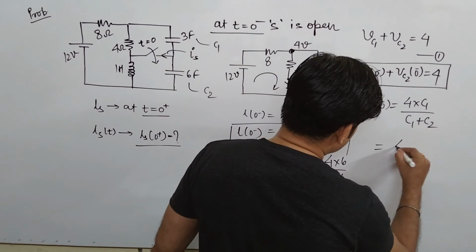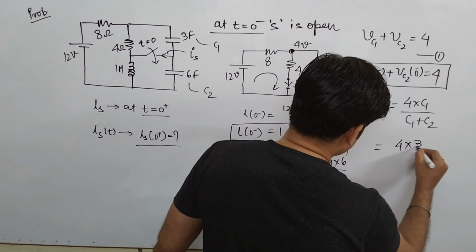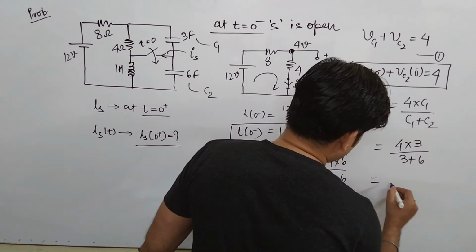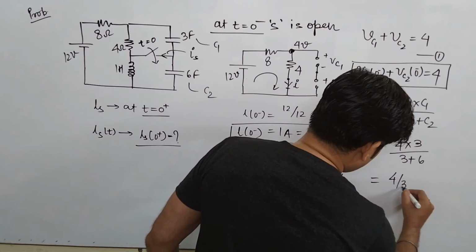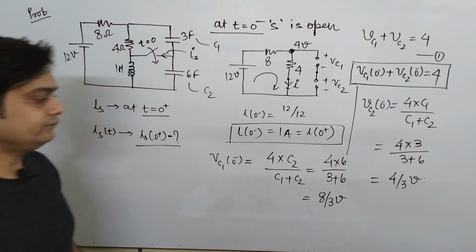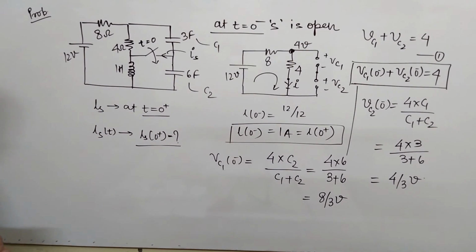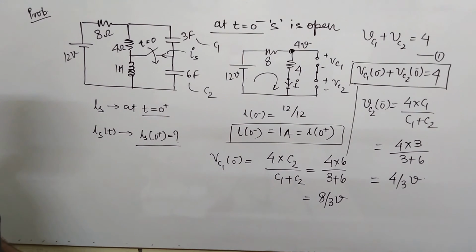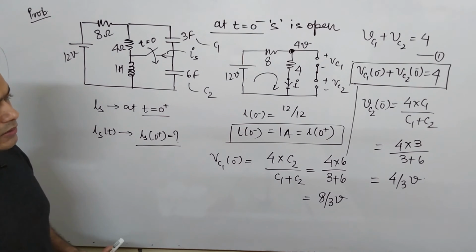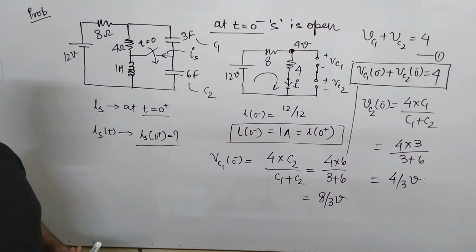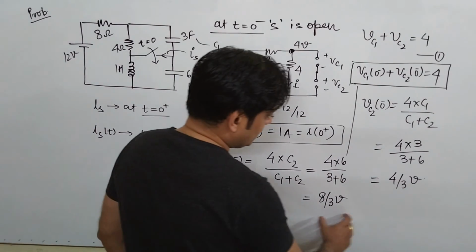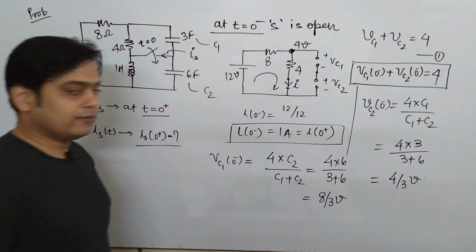Similarly, if you solve this, it is 4 into 3 upon 3 plus 6, so that comes to be 4 by 3 volt. So this is the value of Vc1(0-) and Vc2(0-). In this way you find the value of these two voltages, and if you add these two, that comes to be 4 volt.